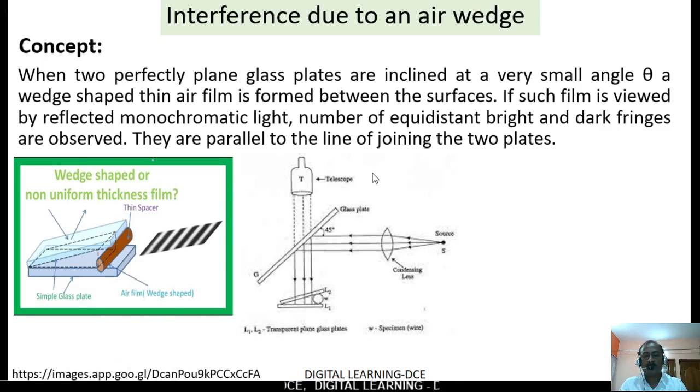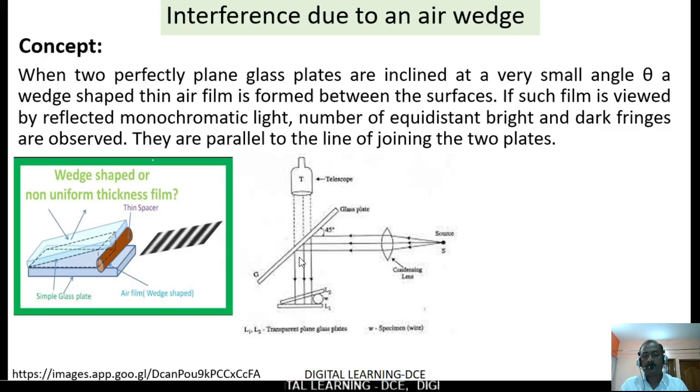Here, this is the experimental setup. This is the monochromatic source, which passes through the condensing lens and is incident on the glass plate, which is inclined at 45 degrees.